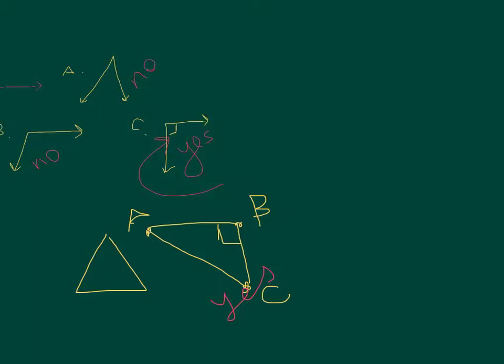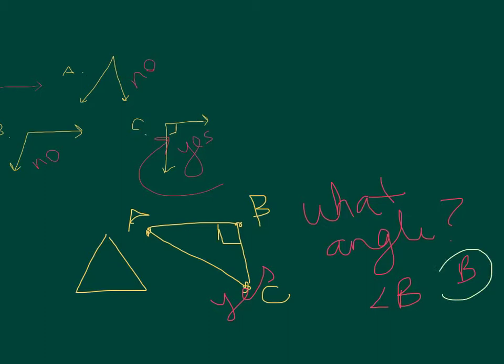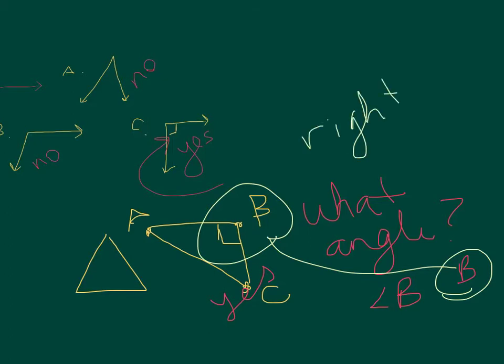Now, if I ask you, what angle makes it right, you would say angle B. You could also just write B. Because B, my friends, is the right angle that makes the triangle what we call a right triangle.